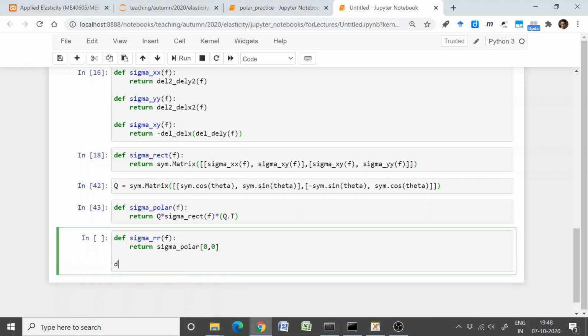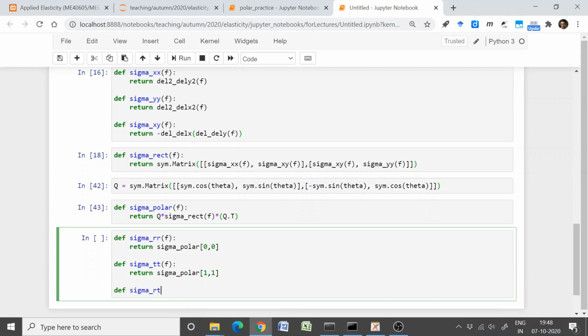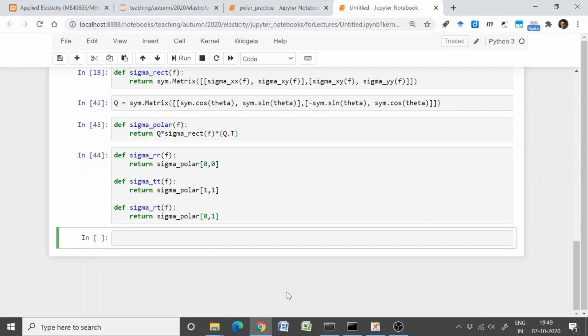Okay. Next, for sigma theta theta, please note that I am just writing this in a short form as tt for theta theta. This will return sigma polar 1, 1, basically the second row and the second column. And for sigma r theta, sigma polar 0, 1.